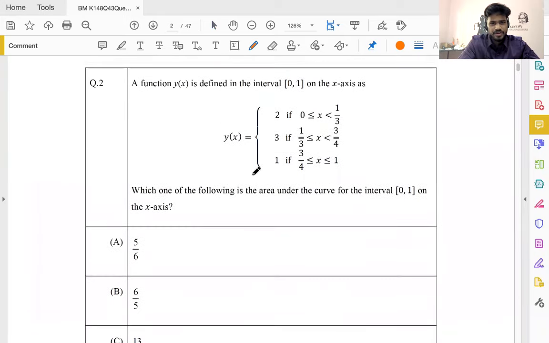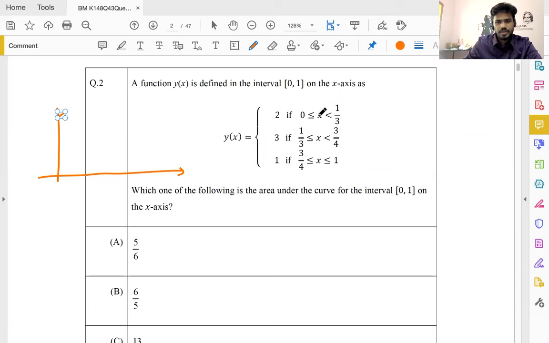Here the function y of x is defined in the interval on the x-axis. It's a constant, 2 at some interval, 3 at some interval, 1 at some interval. So if one were to draw it, we have 0, 1, and then 1/3 somewhere over here, and then 3/4 somewhere over here.